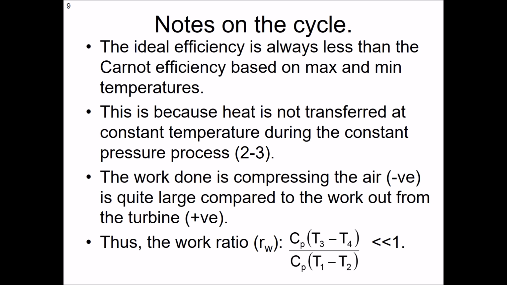So because the two are comparable, what that's telling us is that we're not going to get brilliant efficiencies from this cycle. However, on a practical basis, the efficiencies are quite high if you compare it to, say, the real application of a reciprocating engine. So the work ratio will actually be quite a lot less than 1, but that's okay because in a real scenario, we actually get quite a lot of work out of these engines.